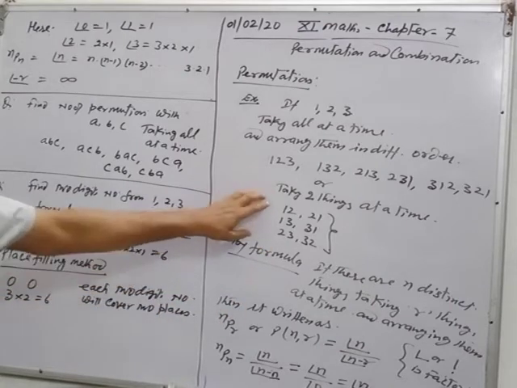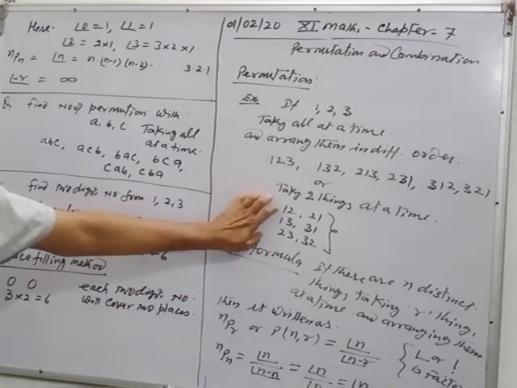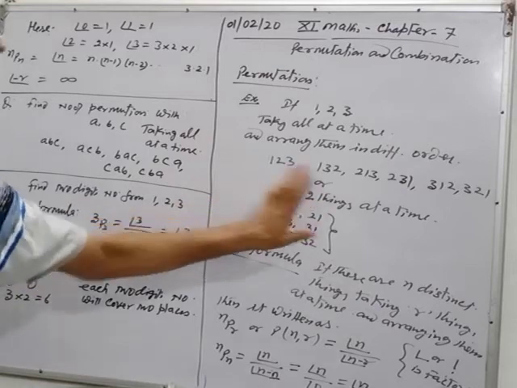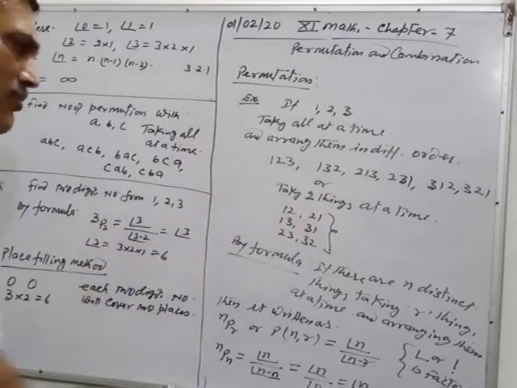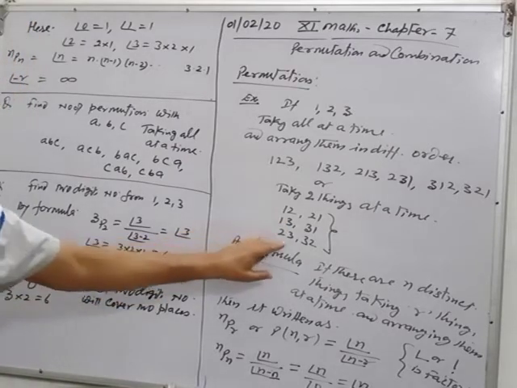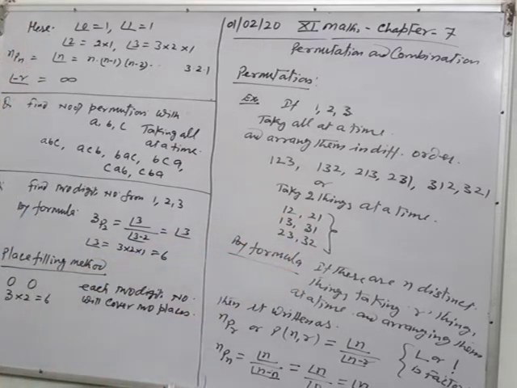You can see here, taking 1 and 2 to 1, 2 and 2, 1. When you take 1, 3 to 1, 3 and 3, 1. When you take 2, 3 to 2, 3 and 3, 2. Means you can form 6 types of 2-digit numbers.